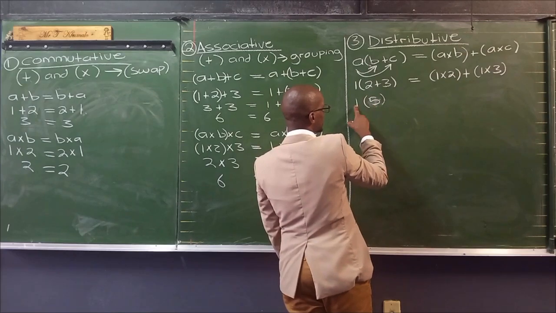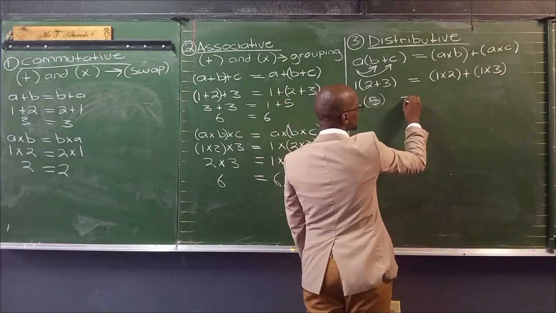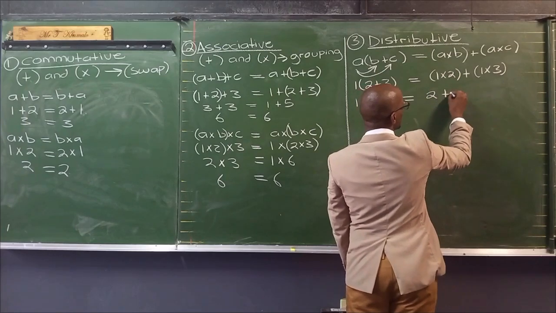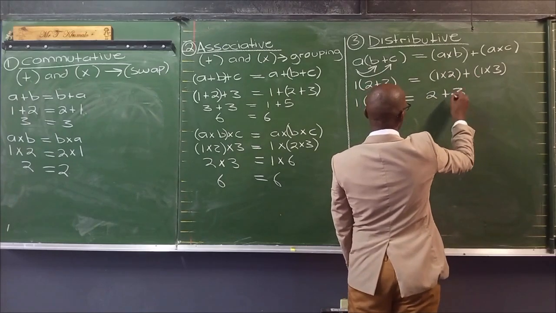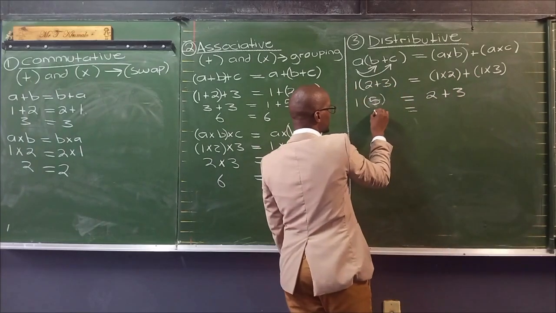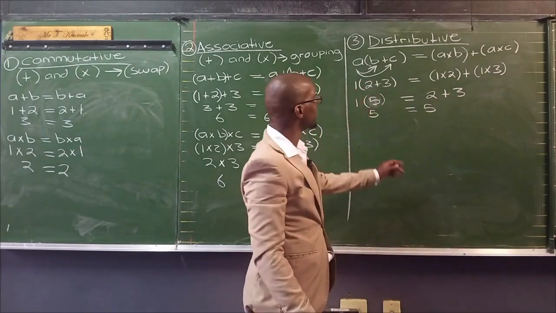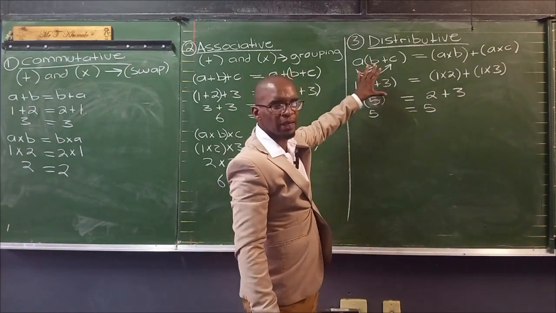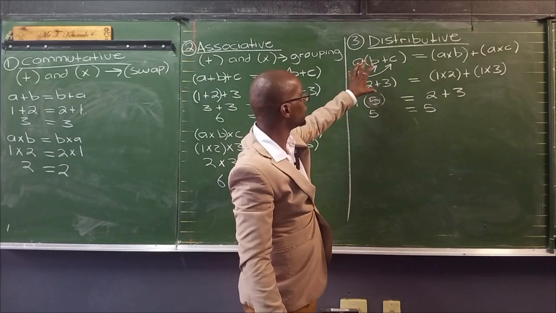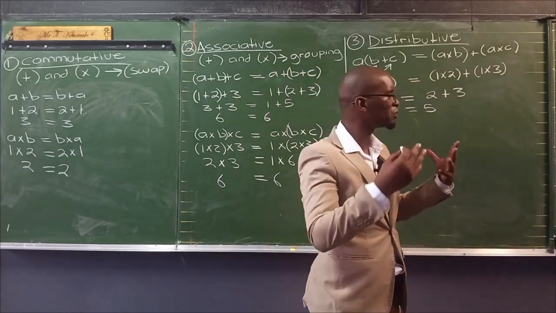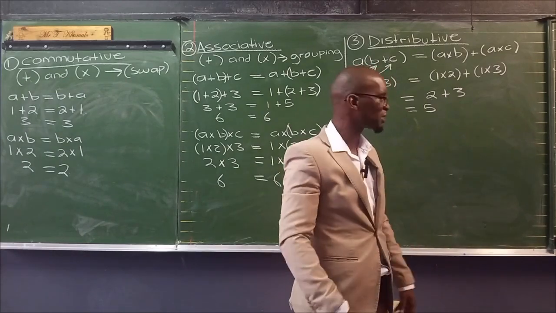We have multiplication, that means 1 times 5 is equal to, now we have 1 times 2, which is 2, plus 1 times 3, which is 3, and 1 times 5 now gives us 5, and 2 plus 3 gives us 5. So it doesn't mean every time you get your sum in this manner, you have to convert it to this unless the question is asking you to do so, or vice versa.